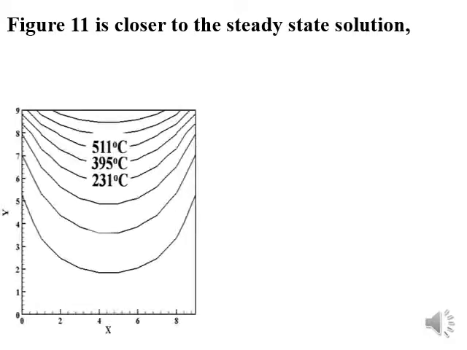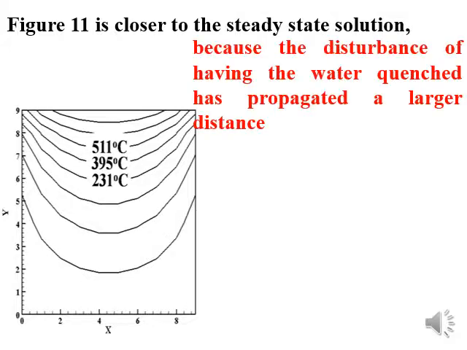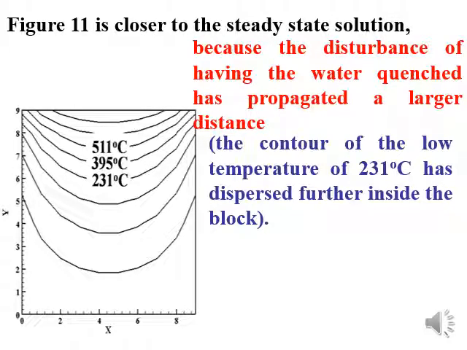So of course I see that the one which has the restriction of the higher temperatures is the one that shows longer time of action. That's the closer to the steady state solution, because the disturbance of having the water quenched has propagated by a larger distance, has so much effect, has longer time to act, so that this means that I waited longer time to reach the steady state.